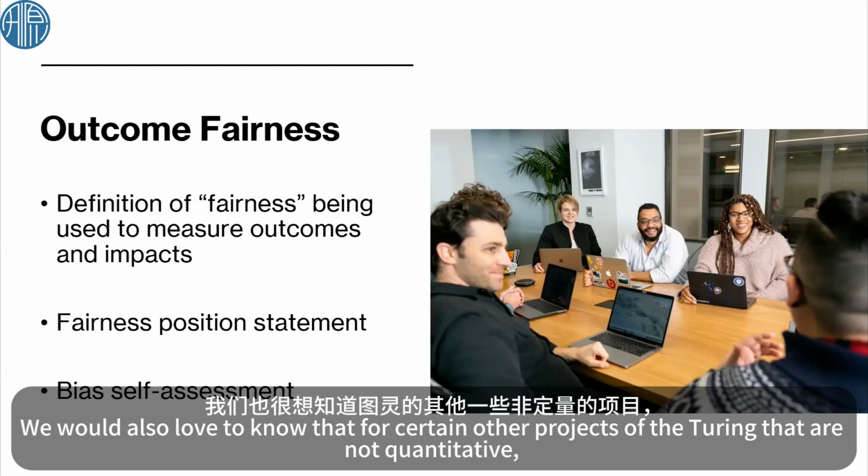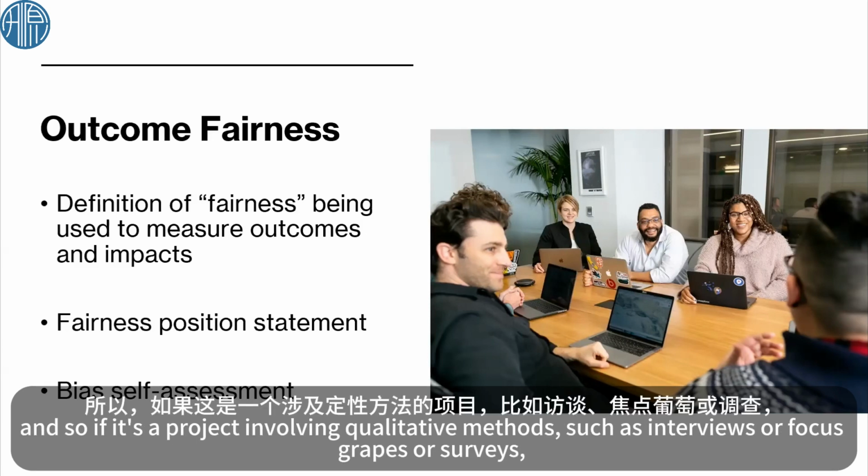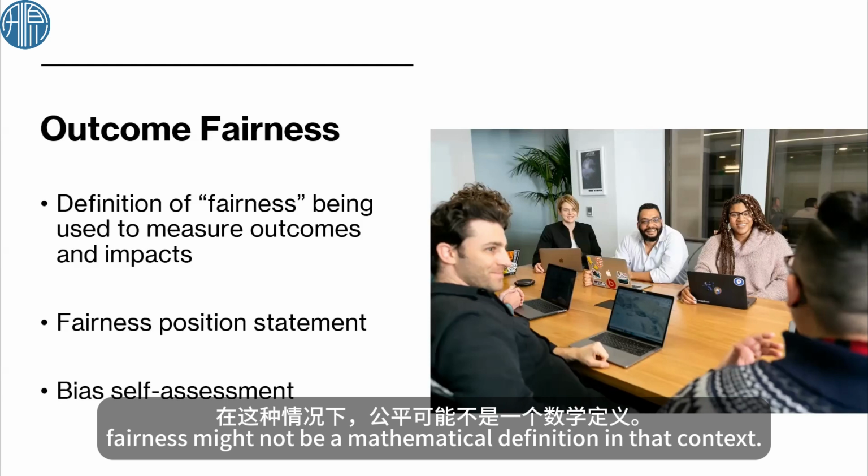For certain other projects at the Turing that are not quantitative, so if it's a project involving qualitative methods such as interviews or focus groups or surveys, fairness might not be a mathematical definition in that context.